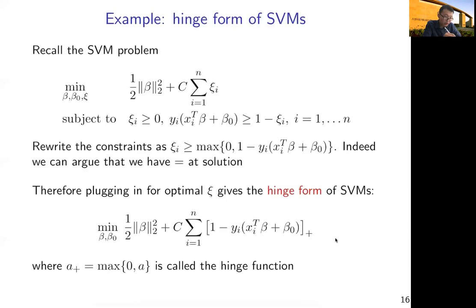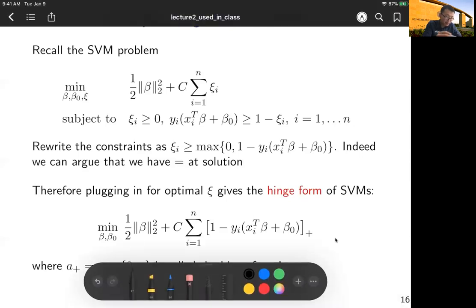If you have taken a machine learning class, you will know that this quantity is closely related to the margin of this particular point to a linear separator defined by beta. And this function is the rectified linear function, so this max between 0 and 1, it's a rectified linear.